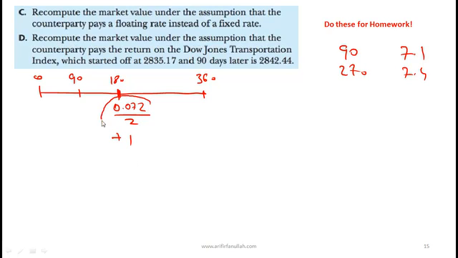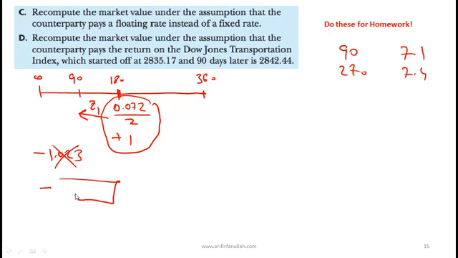So you take this number and discount it back using Z1. We calculated Z1 on the previous slide. So just like we calculated a minus 1.023 for our fixed rate, similarly we can calculate a number for this floating rate. So it won't be minus 1.023, it would be minus some other number.